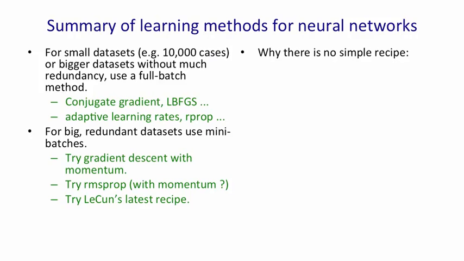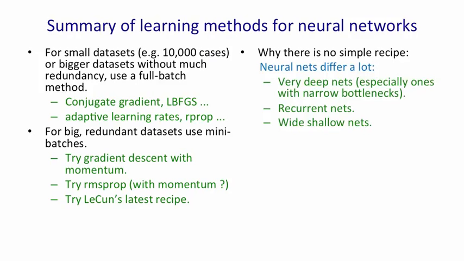There are really two reasons, I think, why there isn't a simple recipe. First, neural nets differ a lot. Very deep networks, especially ones that have narrow bottlenecks in them, which I'll come to in later lectures, are very hard things to optimize, and they need methods that can be very sensitive to very small gradients. Recurrent nets are another special case.